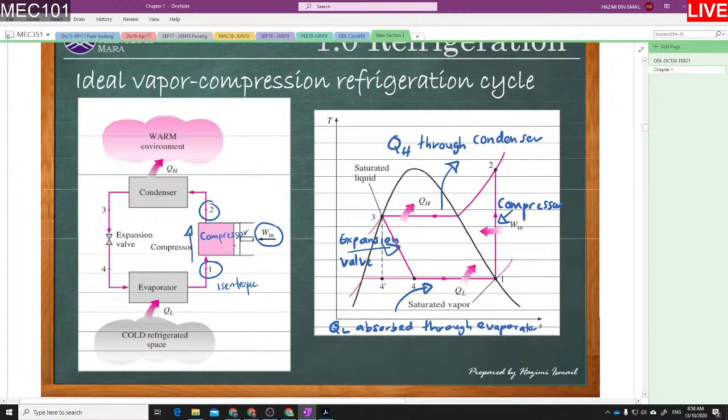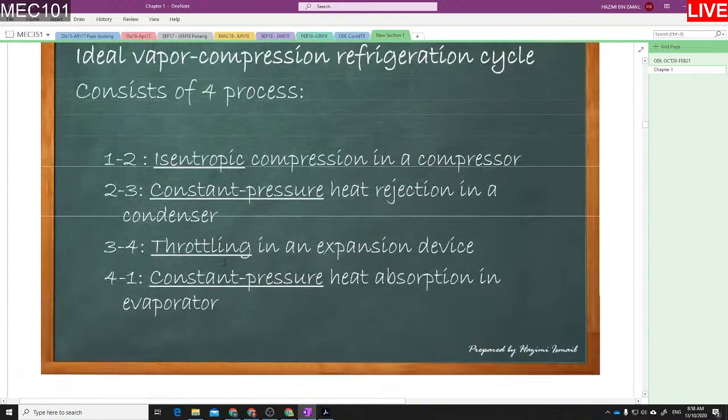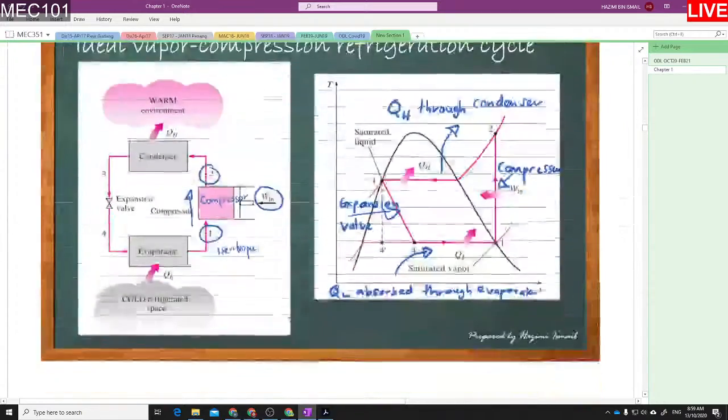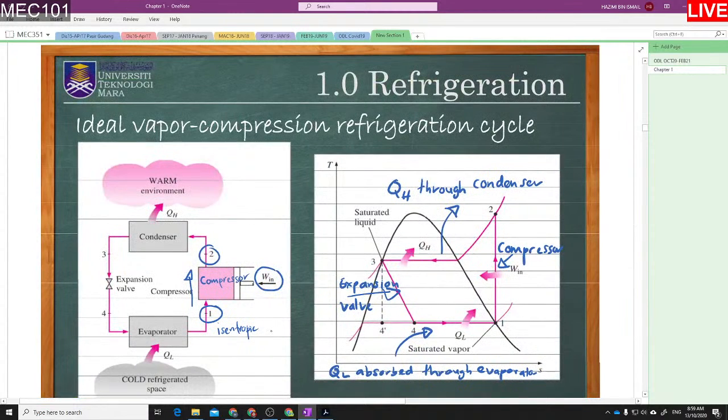What is the process from state 1 to state 2? Refer back, it is the compression process. So the term is just isentropic compression. Easy to memorize. State 1 to state 2.